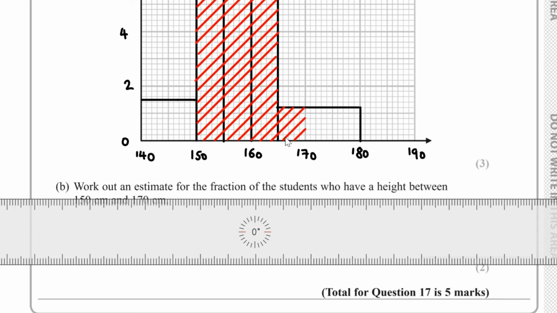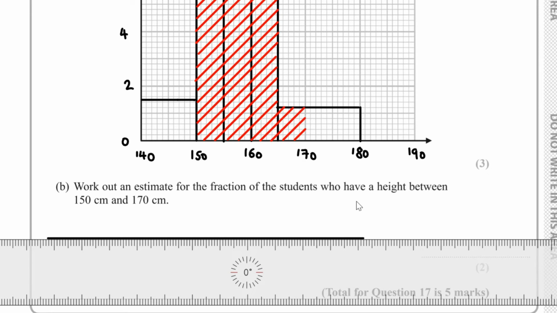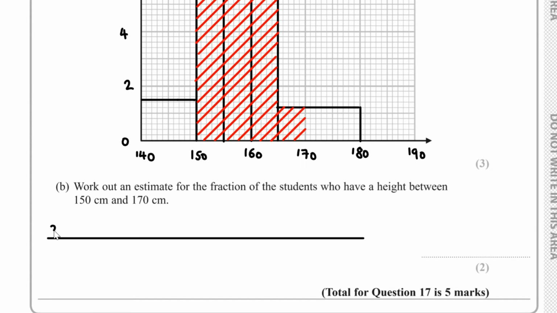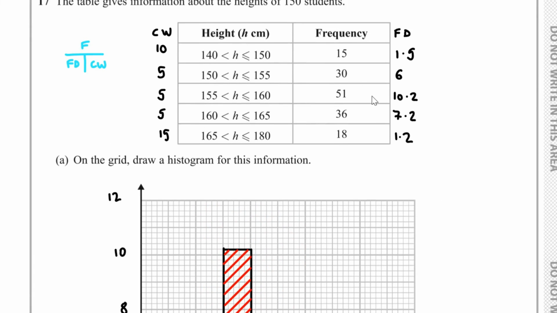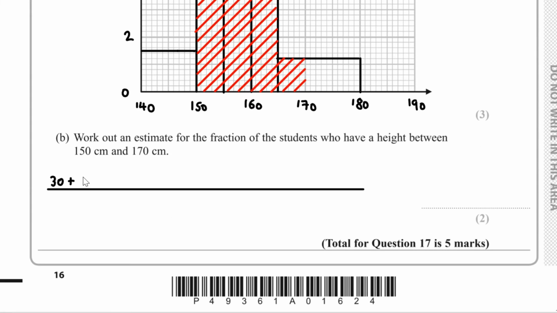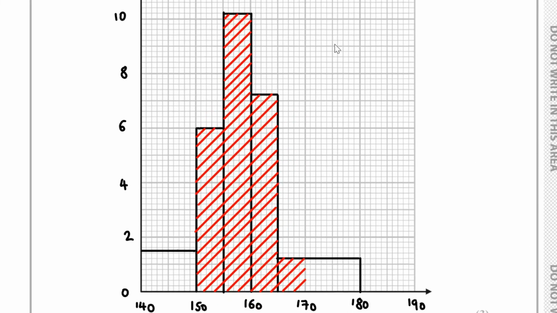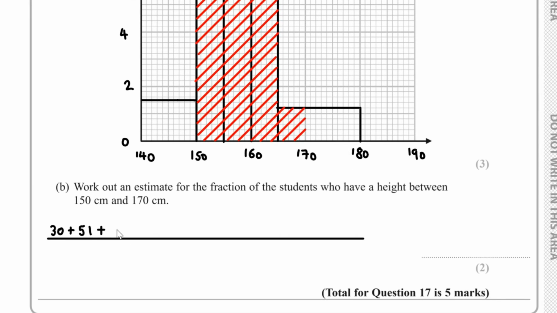So in terms of the fraction, we've got here 30, and then we've got here for the next one 51, and then for the third bar, that's 36, and for the next one we've got a frequency density of 1.2 and then a class width of 5.